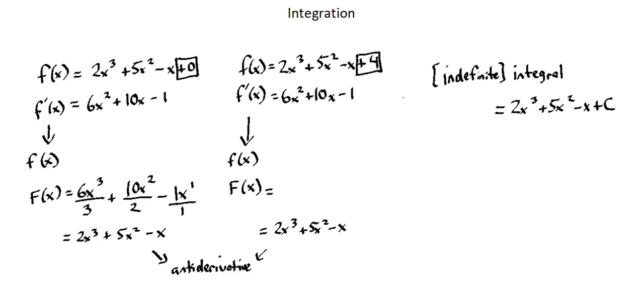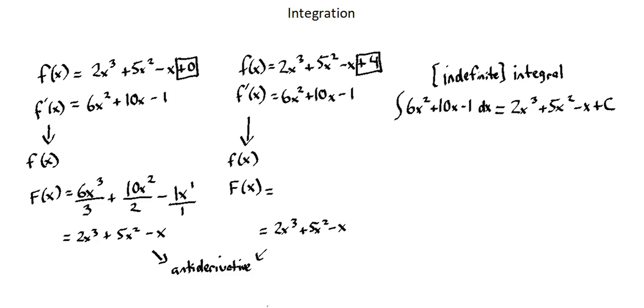My representation of the integral is an elongated s, then the function, which for our example is 6x squared plus 10x minus 1 dx, meaning with respect to x, equals our result.